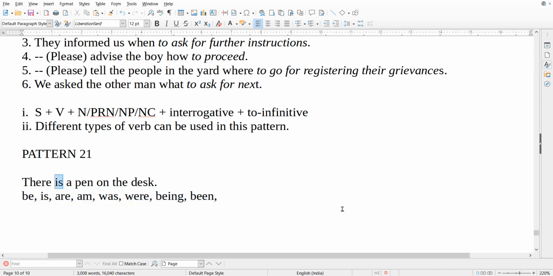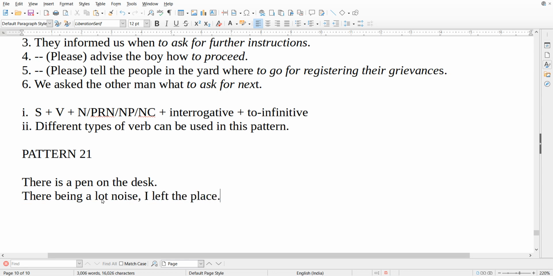Here can come, for example, are, am, was, were, and be. Being is possible too. Yes, it is possible, but that's another structure: there being a lot of noise, I left the place.